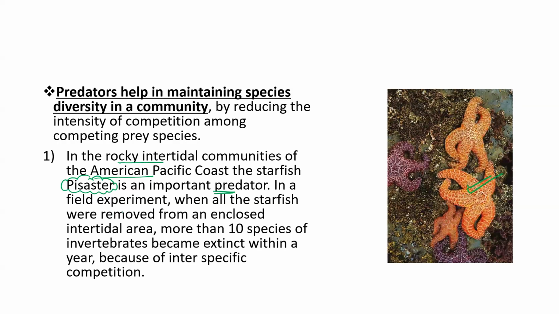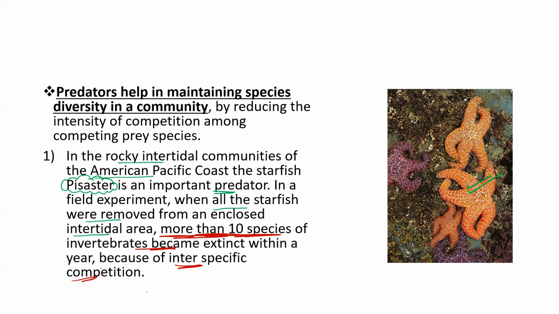It was observed in an experiment that when all the starfish were removed from the intertidal area, more than 10 species of invertebrates got extinct. Why? Because of interspecific competition.